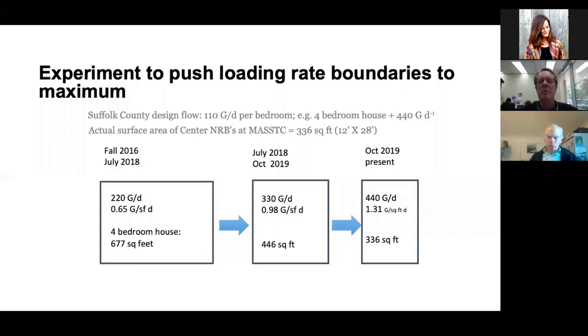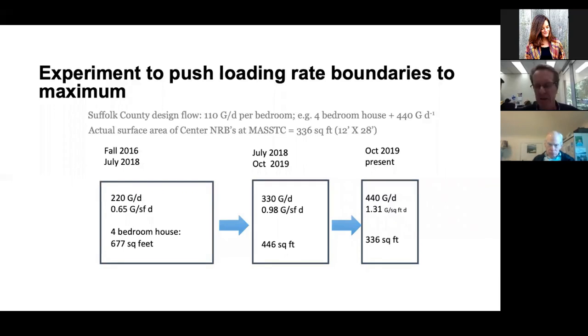So the experiment to increase loading rates, we wanted to push the boundaries of the systems to see how high we could load them, because of course in any county there's going to be regulators, and they rightly so set what's called a design flow.